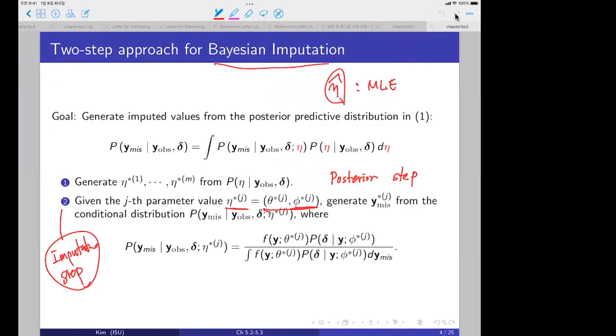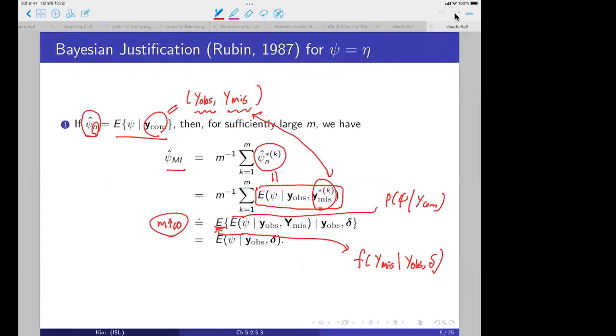So eta is the model parameter that is in this model, right? And then your question, are you asking the relation between psi and eta?